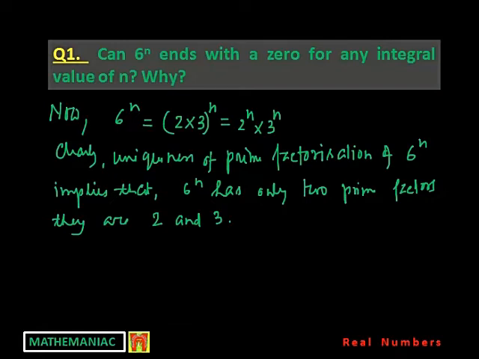But can you see when you did the prime factorization of 6 to the power n that there is a 5? No, very clearly there is no 5. So absence of 5 very clearly indicates that 6 to the power n will never finish with 0. That is the thing you have to now mention.